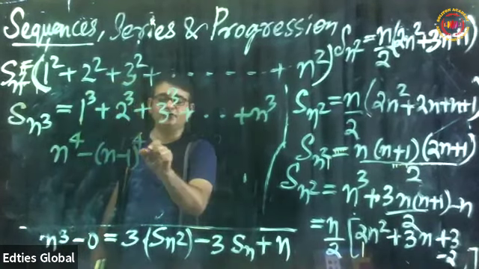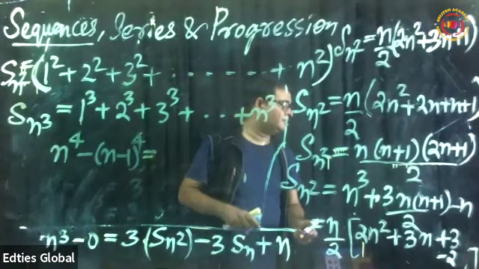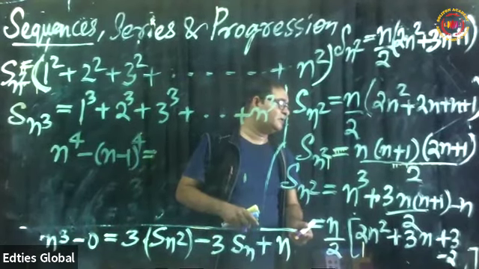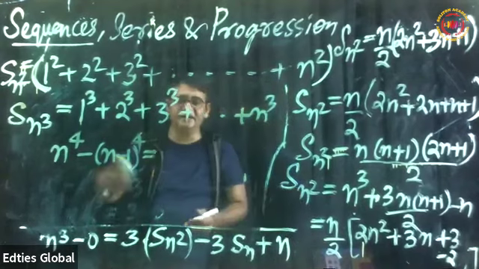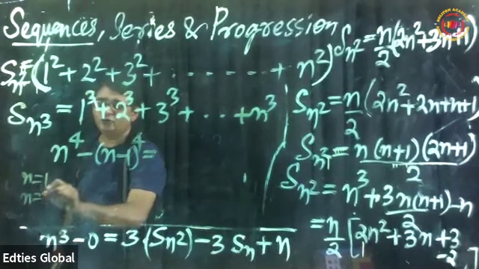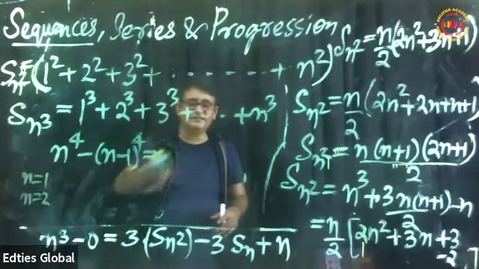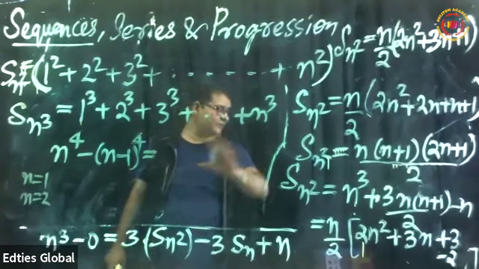Okay, and then you try to find this expansion, right? And then you go for n equal to 1, n equal to 2, and further on. And then you will see something interesting, okay?